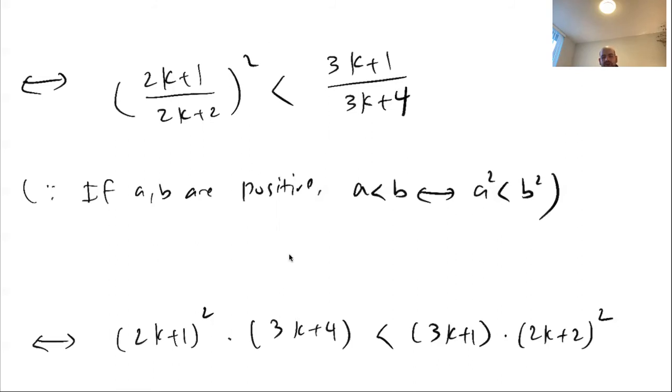Well, if you want to go from top to bottom, you just need to multiply both sides by basically the common denominator between these two fractions, which is (2k plus 2) the whole squared times (3k plus 4). If I multiply both sides by that, then the left-hand side becomes this, and the right-hand side becomes this. And of course, similarly, if you want to go from bottom to top, you have to divide by the same expression.